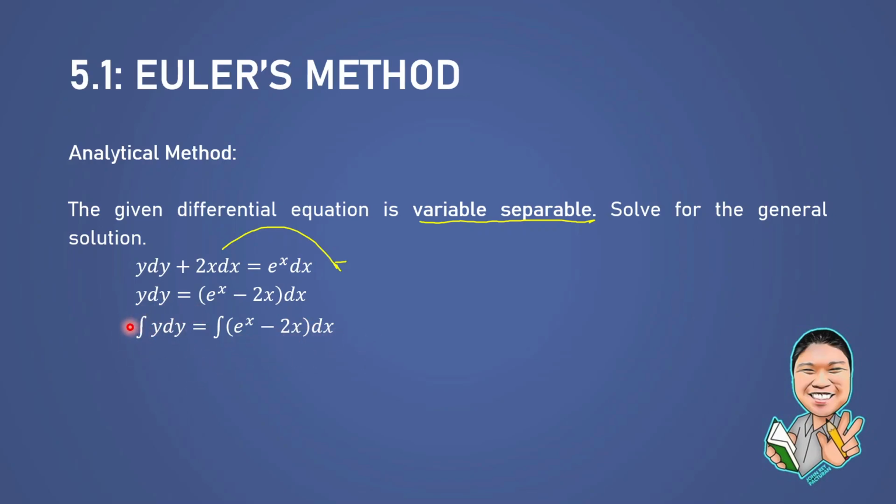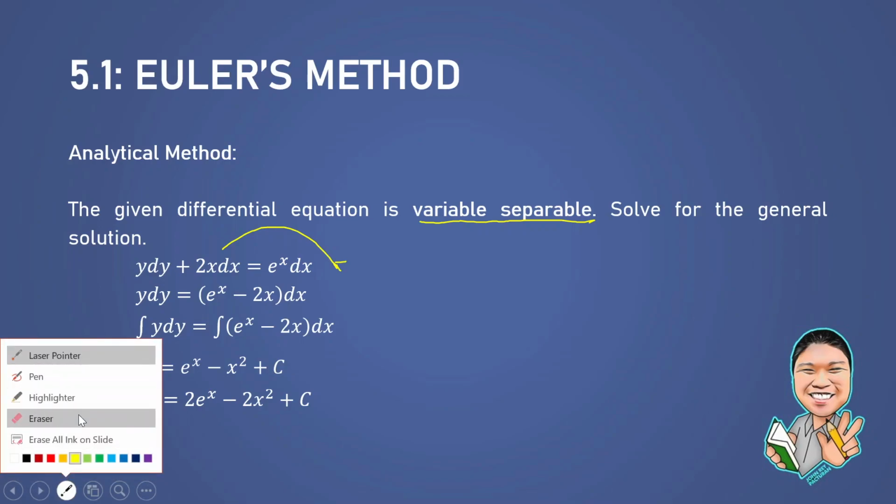So, madali lang naman i-integrate ito. For instance, the integral of the first one is y squared over 2, and that is equal to e raised to x minus x squared. So, kasi yun yung integral nito, plus, of course, the arbitrary constant c. And, of course, class, pag cross multiply nyo, yan yung mangyayari, di ba?